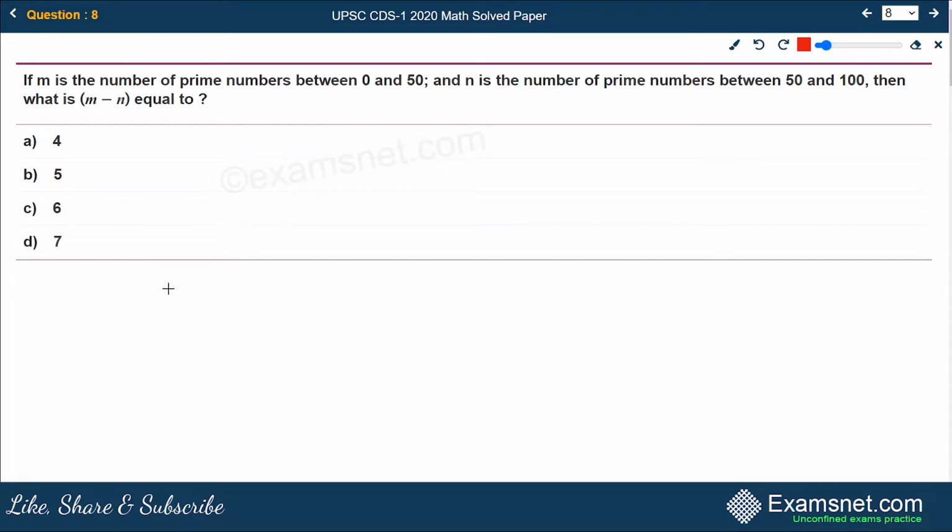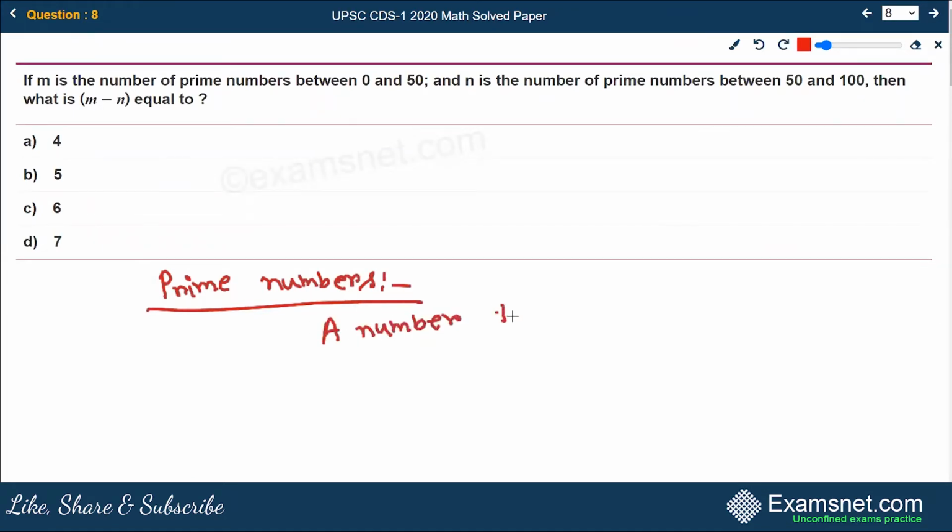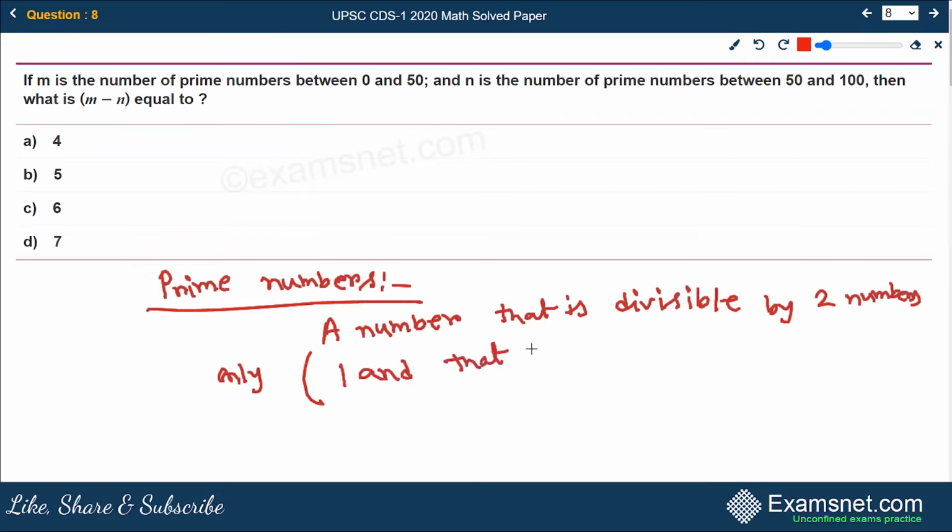First, let me make you remember what prime numbers are. A prime number is a number that is divisible by 1 and that number itself, by only 2 numbers only, those are 1 and that number itself.